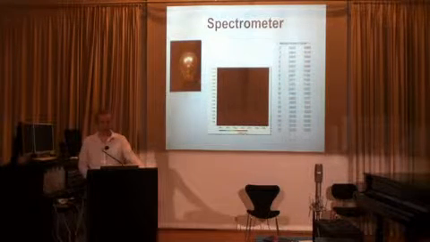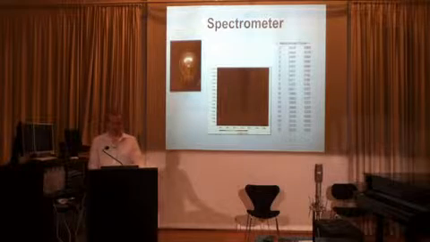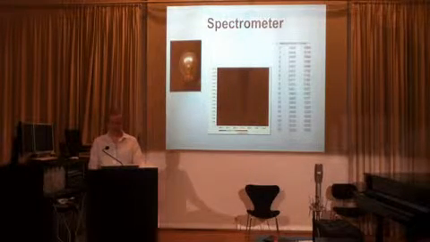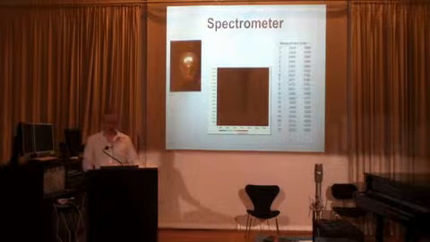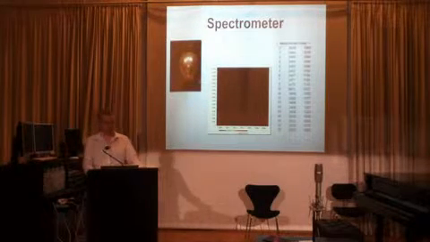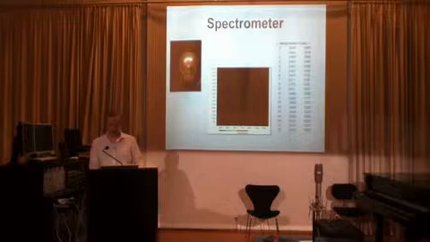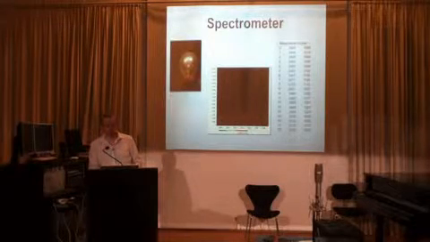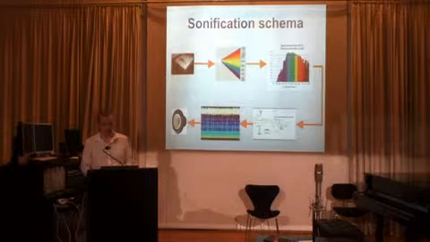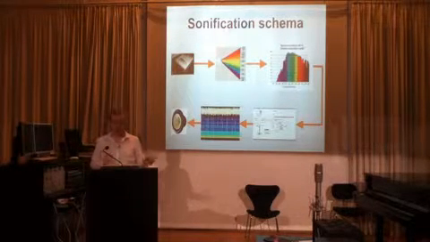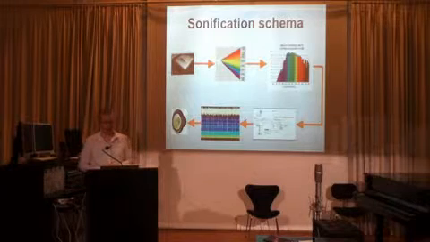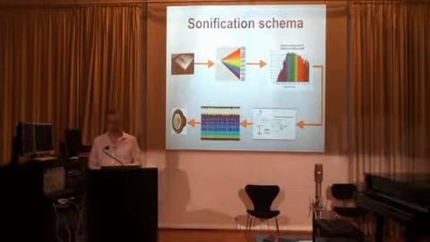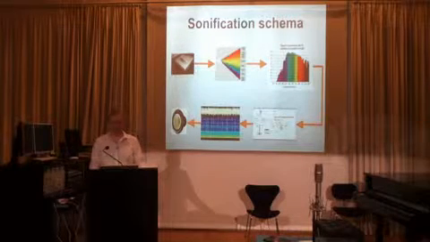Here are the data after the acquisition. The spectrometer records into a file the data of light intensity for different frequencies. The result of this is a curve, okay, and a sequence of values. And the values are read by the sonification software, which then transforms them into sound using sound synthesis.